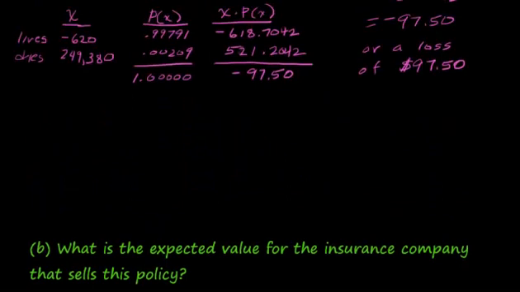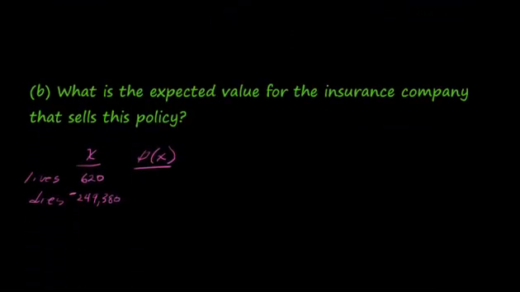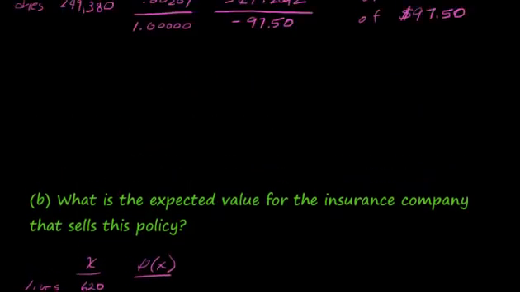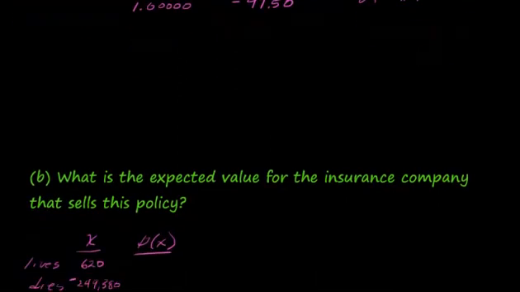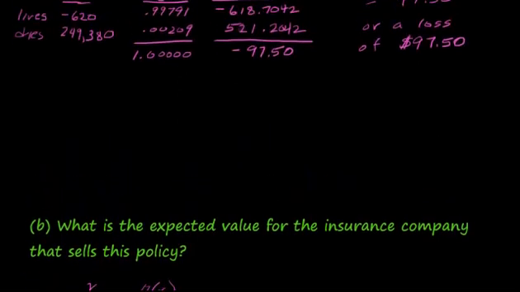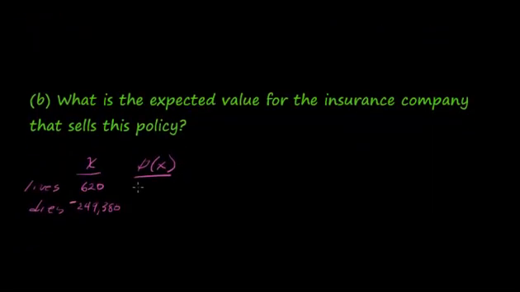Look at our tables. For the woman, if she lives, she's out the $620. For the insurance company, if she lives, they get the bonus of, or they're up by, $620. So the signs just change, depending on the viewpoint of the woman or the viewpoint of the insurance company. These probabilities aren't going to be any different: 0.99791 and 0.00209.